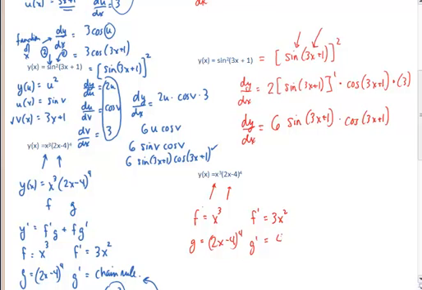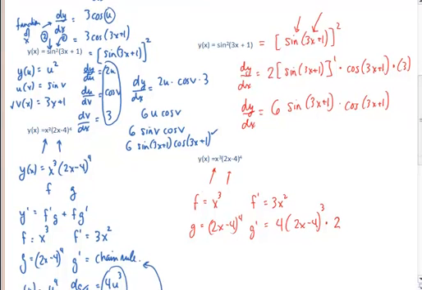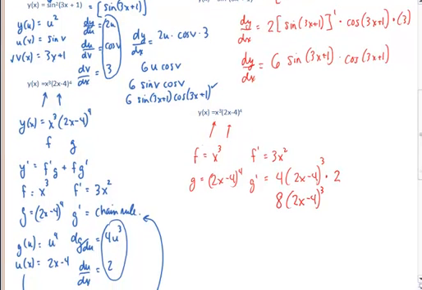I bring the 4 down in front of 2x minus 4, raised to the 3rd power. Now I've taken the derivative of the outermost function. I'm going to now take the derivative of the inner layer, which would just be 2. And my final answer for this will be 8 times 2x minus 4 quantity cubed. So now assembling my derivative should be relatively easy, because it's just f prime g plus g prime f.